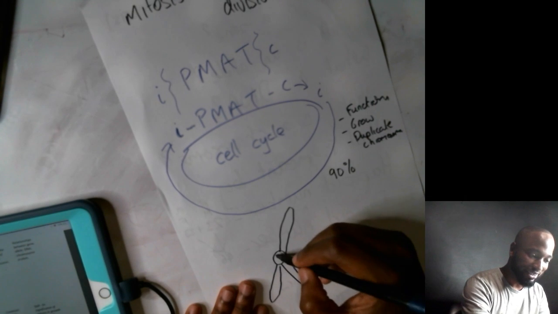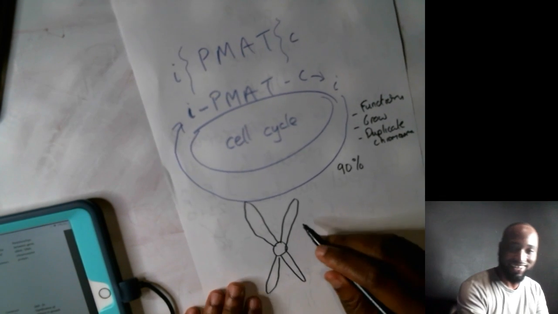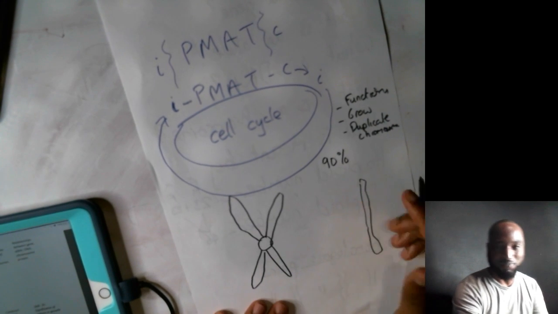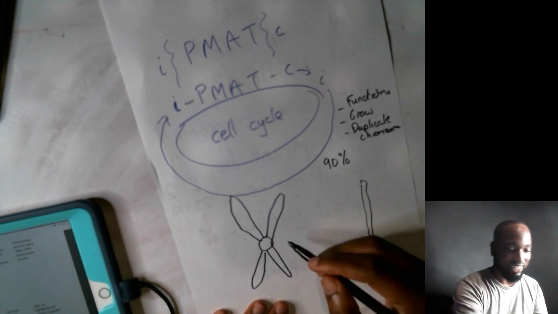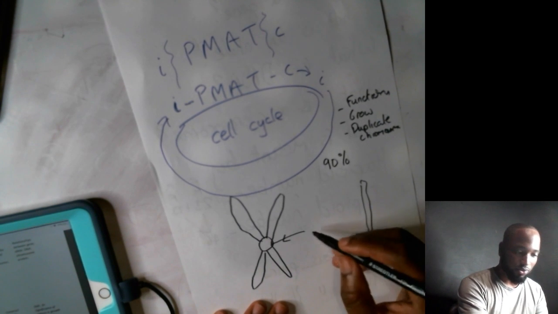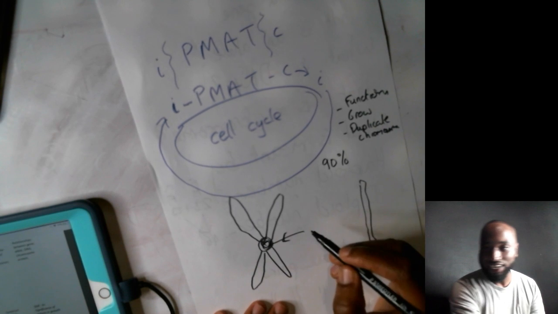This is the drawing my teacher used to do. Right? So it was like this before, just one long strand. It starts to get fatter. It's duplicated itself. This thing at the center is called what? What is the thing at the center that's holding it together?